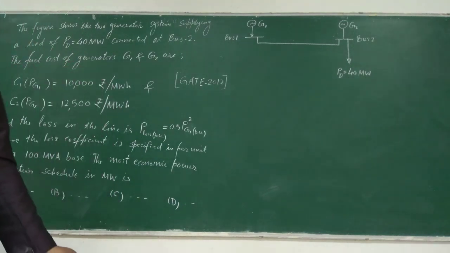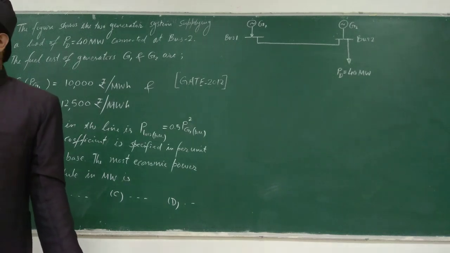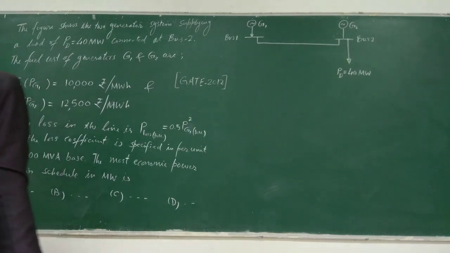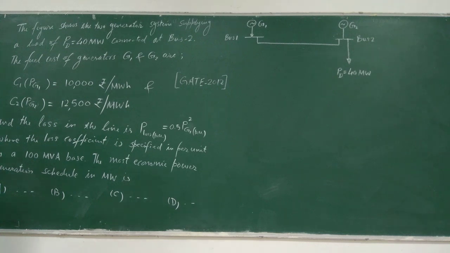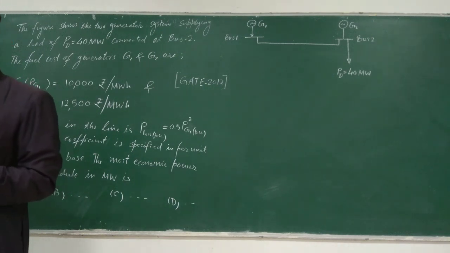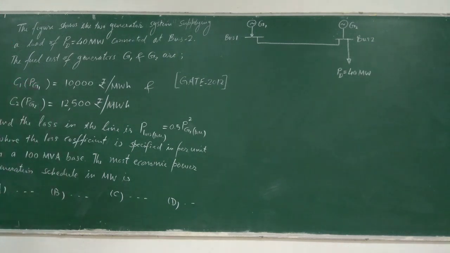If you have a linear operating cost characteristic, the first derivative will give you a constant, but linear will have P as variable. How is it possible that the operating cost is independent of the active power generation? Is it possible? No, right? So now you can observe that these two costs are incremental fuel costs, not operating costs.